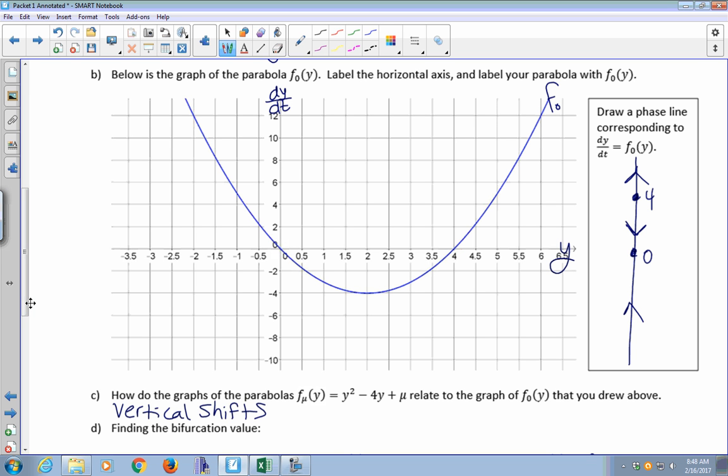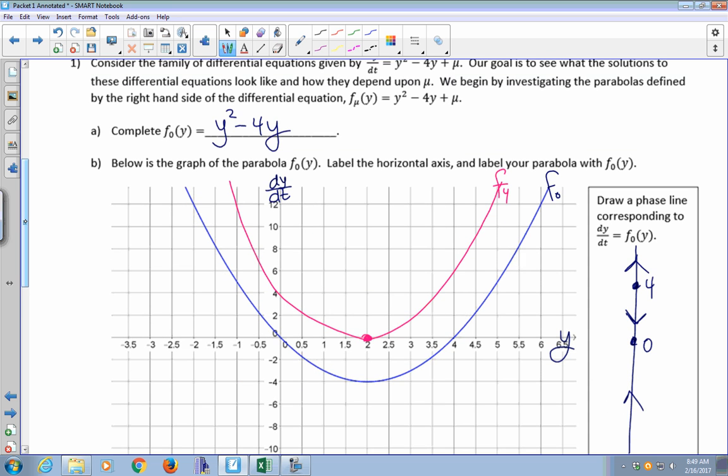When mu is 4, I know that I hit right there, and we have a parabola that goes like this. That's f sub 4. That would be y squared minus 4y plus 4.